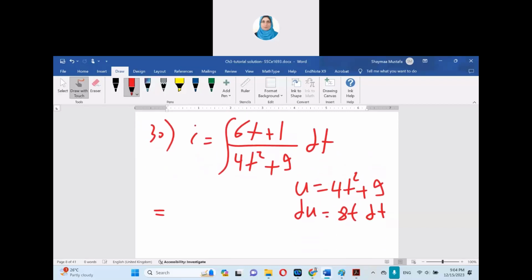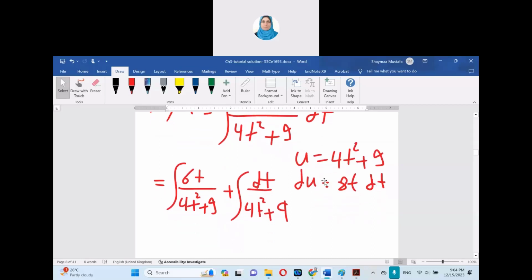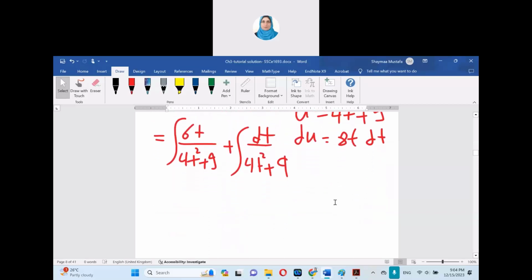This integration is equal to the integration of 6t over (4t² + 9) plus the integration of 1 over (4t² + 9) dt. I will separate so I can integrate. The first integration uses the substitution method. t dt is du over 8.